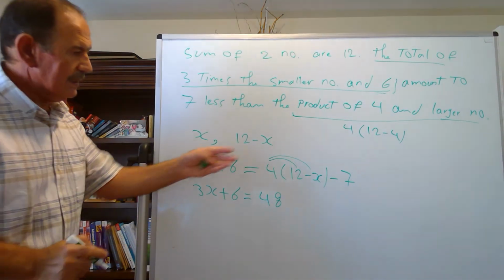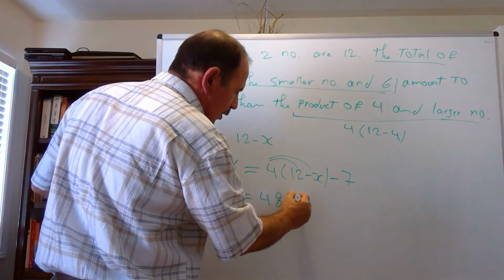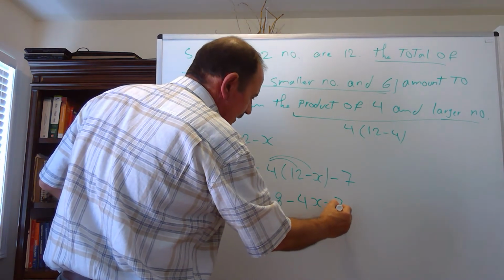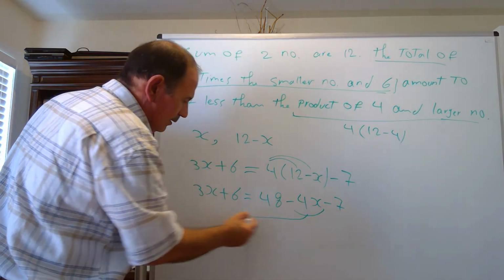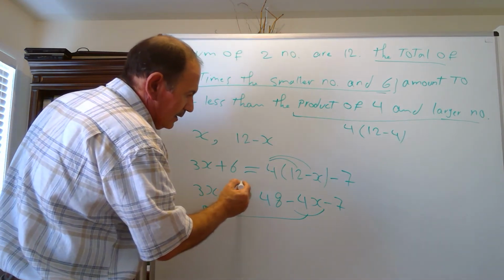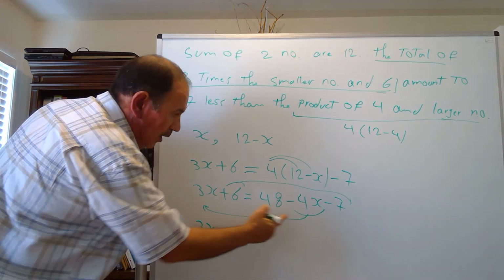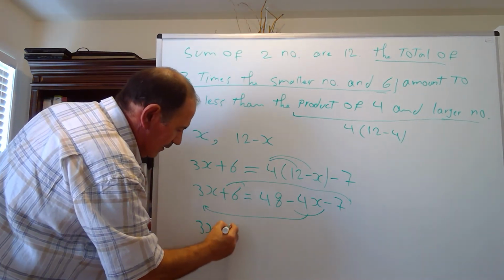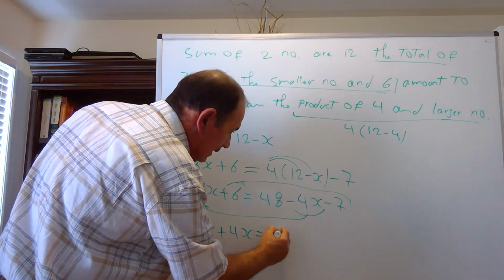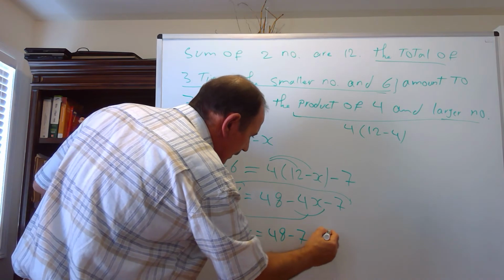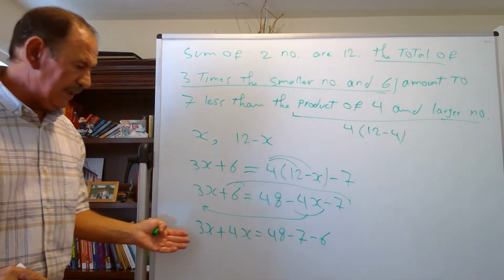Then 4 times 12 is 48. 4 times negative x is minus 4x, minus 7. Now move this minus 4x from right to left, and the plus 6 from left to right. 3x plus 4x is equal to 48 minus 7 minus 6. Plus 6 moved to the other side changes to minus 6.